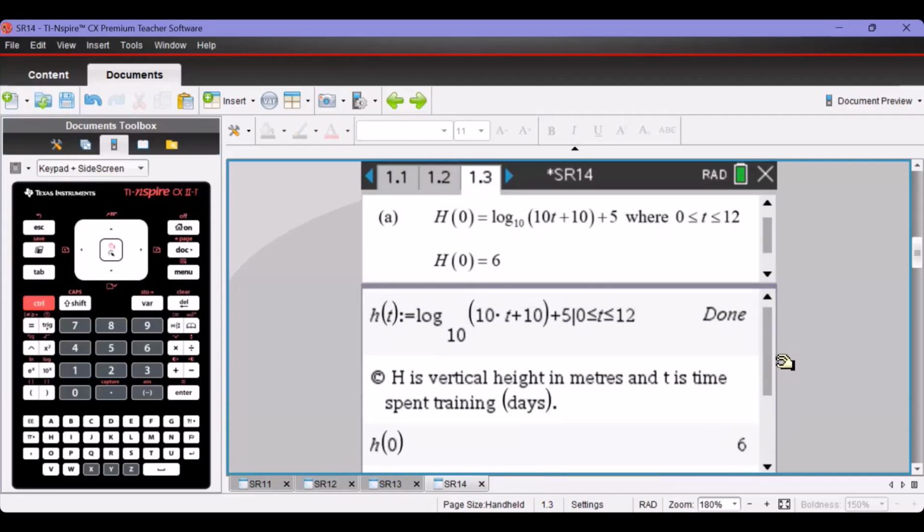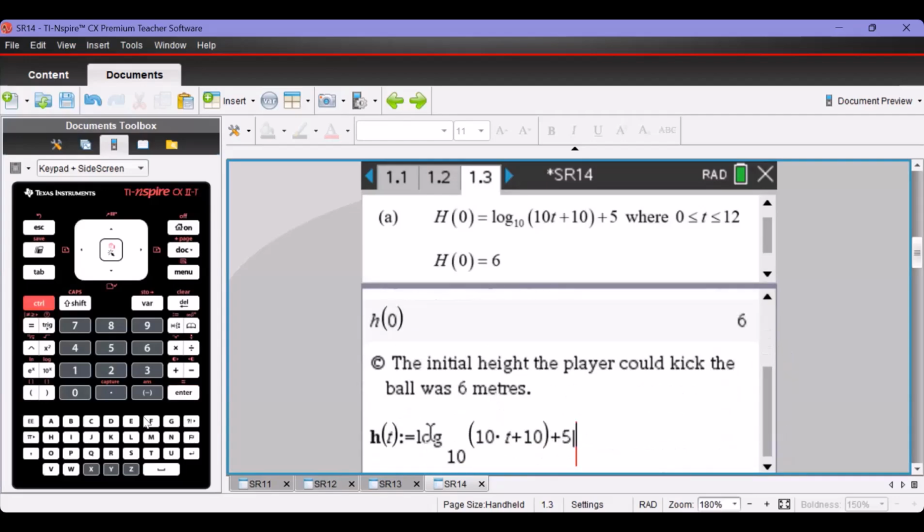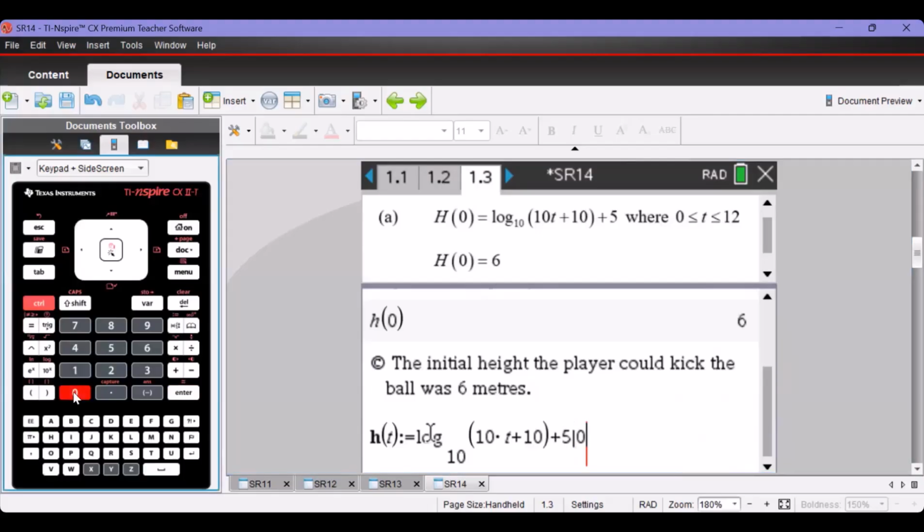So we'll type in 0. Now to find less than or equal to, press Control equals, and then use the navigation pad to highlight the less than or equals to symbol.